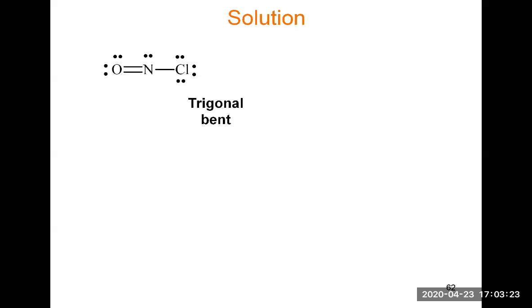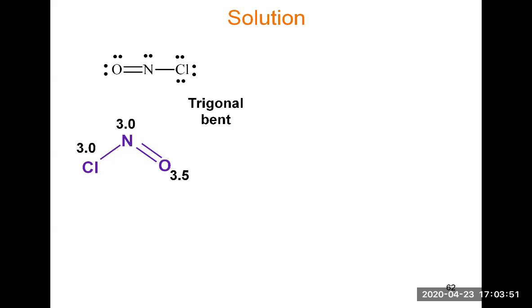So if we redraw this by taking into account the shape, it looks like this. It's bent. The angle between the bonds is 120 degrees. So the numbers next to each atom are the electronegativity value. So the electronegativity values for chlorine and nitrogen are both 3.0.